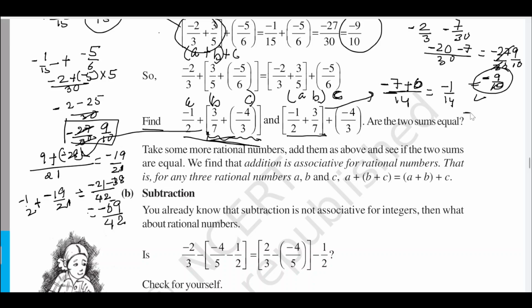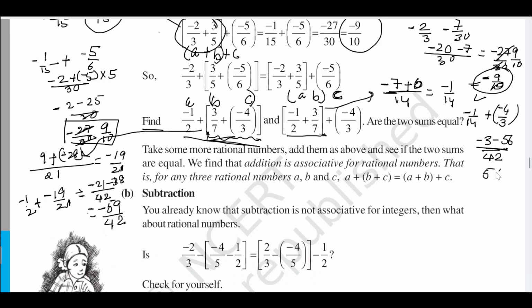Now minus 1 by 14 plus minus 4 by 3. So LCM will be 42. So 3 times, so minus 3. Here it is going to be 14 times, so minus 56.